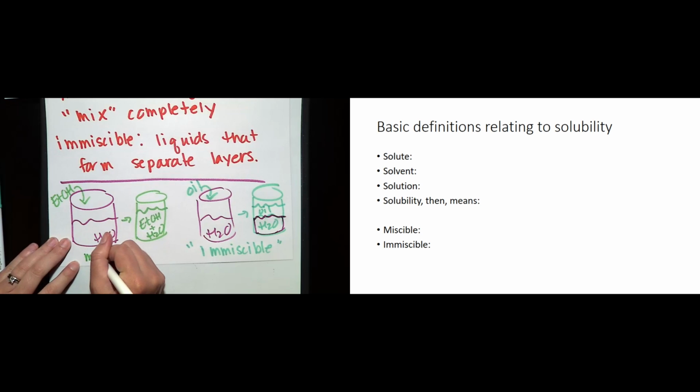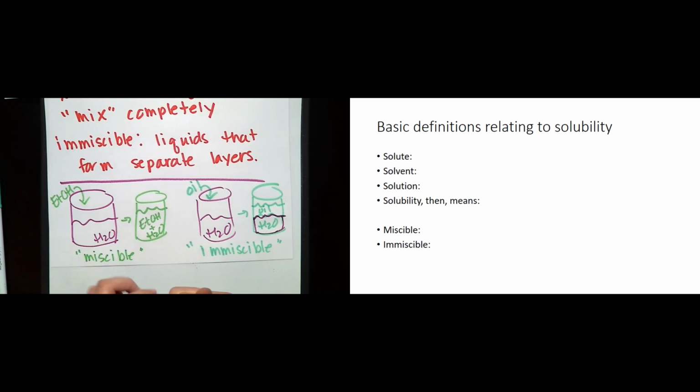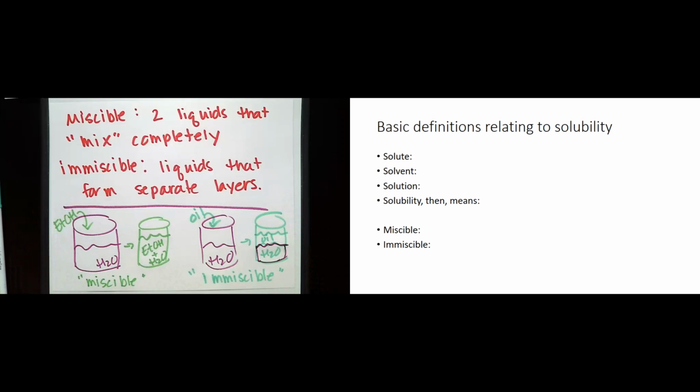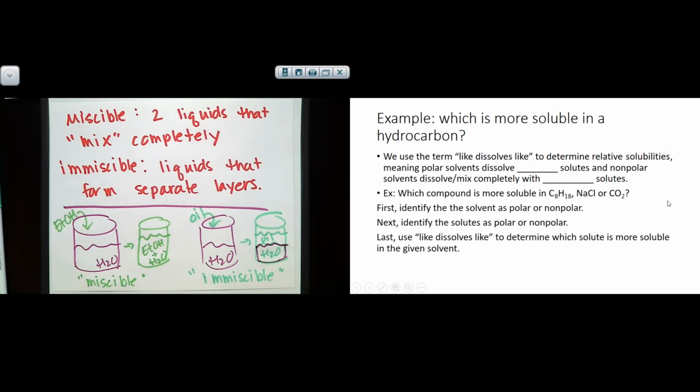And miscible, again, is when we're mixing two or more liquids and they completely combine such that we can't see a separation in the two liquids. Okay, so pretty straightforward. We're just starting with some definitions. These are our general conceptual questions. Now let's dig a little bit deeper.